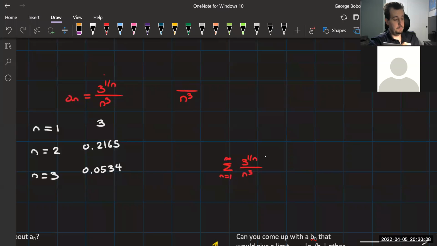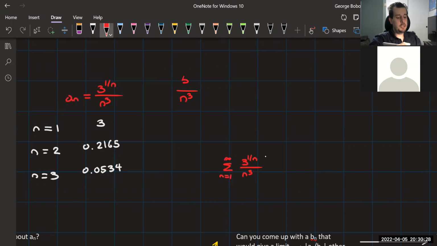But with the top over here, pay close attention here. I see that the largest value that the top can ever be during this series is what? 3.